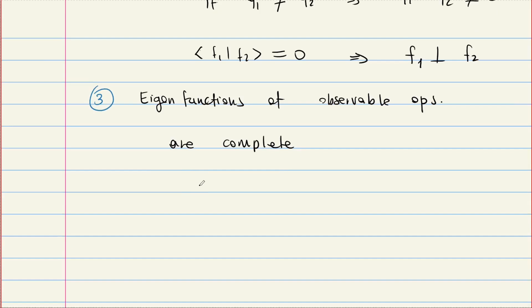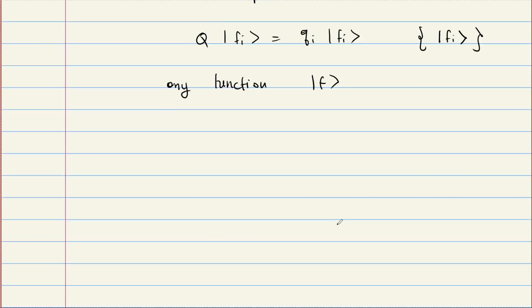So that means if I have Q Fi is equal to some Qi Fi for some set of Fi's, then any function F can be written as some expansion, the sum of Ci Fi. And now the expansion coefficients are trivial. We know Ci is going to be Fi F.